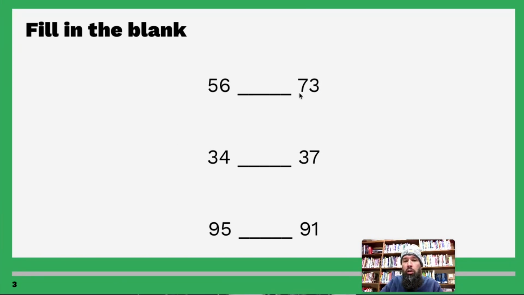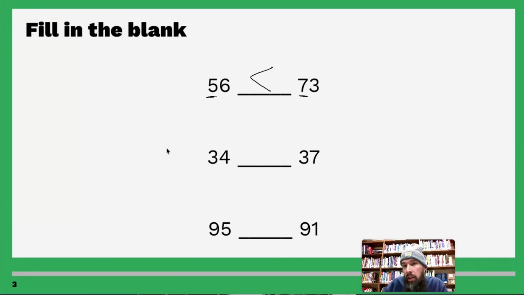But since these are 2 digits and 2 digits, look at the first number first. You will see that 7 is greater than 5, so the alligator is going to eat the 7. So 56 is less than 73, because the 7 is greater than the 5, or the 5 is less than the 7.